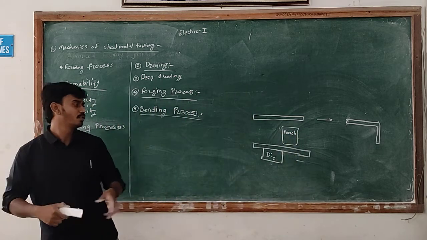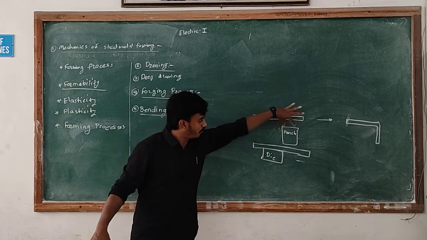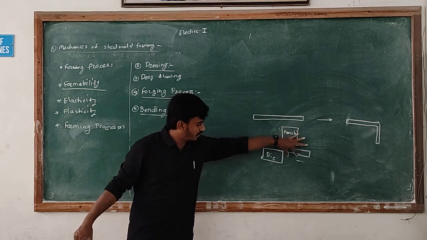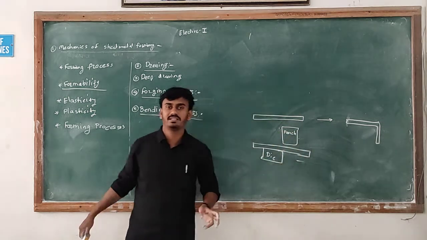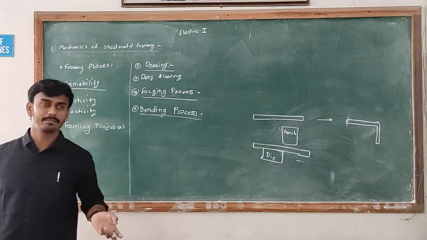This is the punch. When we apply the force on the punch, this material will get into our required shape. So it is called the bending process.